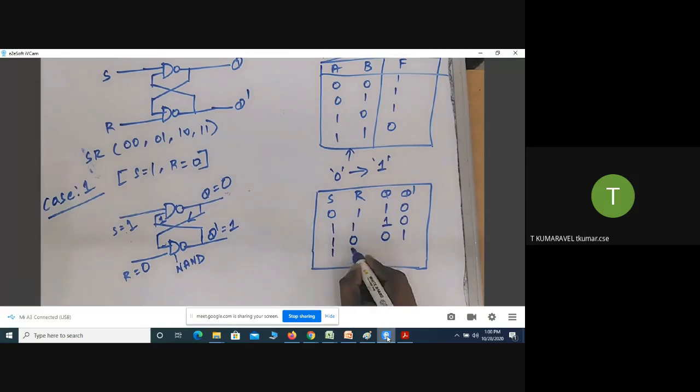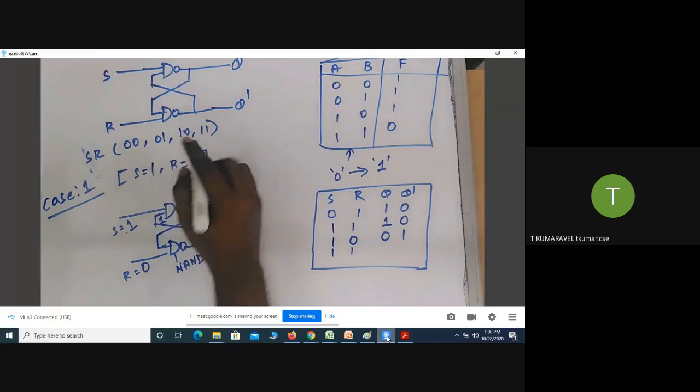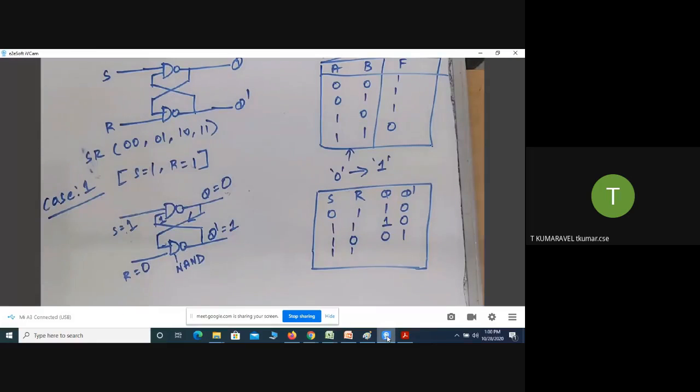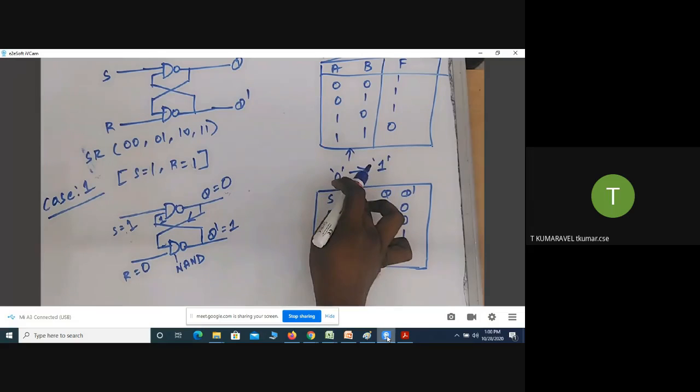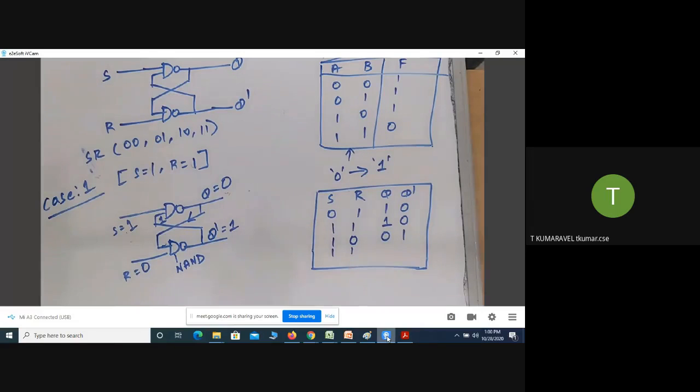Next step, I'm taking 1 1. Same case. If one of the inputs is 0, I can easily predict the output, but here both inputs are 1 1. In such cases, you take the previous stage output as an input for the current stage and work it out in this order.